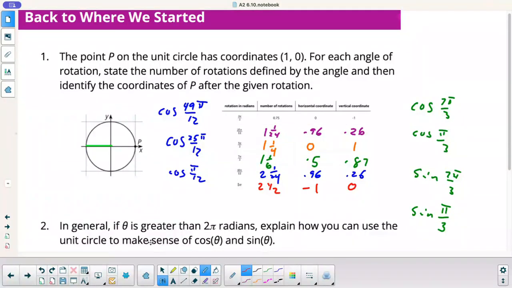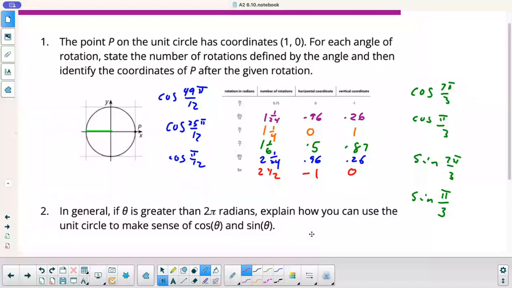So in general, if theta is greater than 2 pi radians, explain how you can use the unit circle to make sense of cosine theta, sine theta.